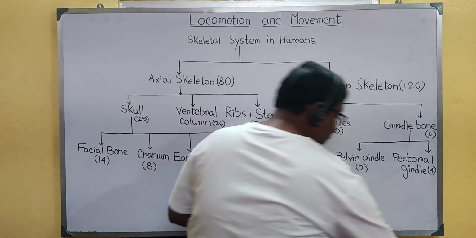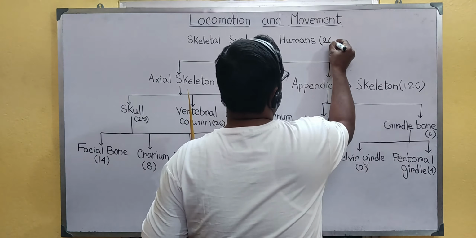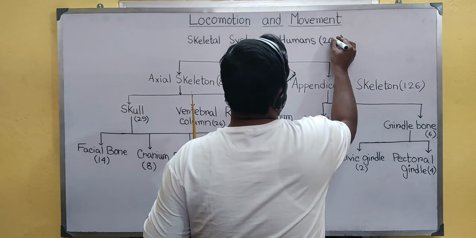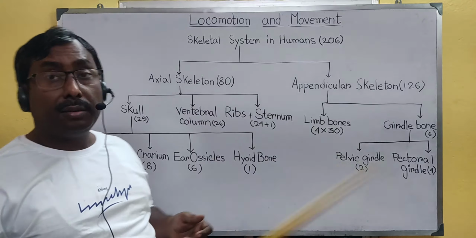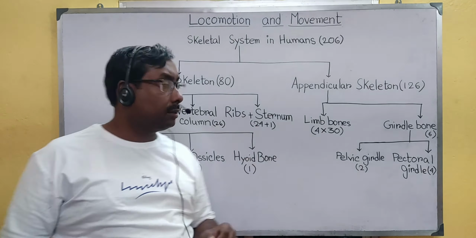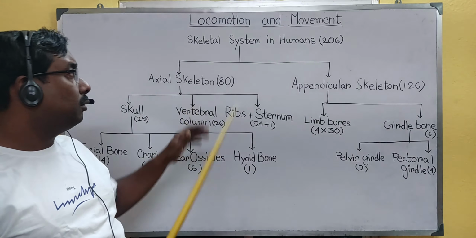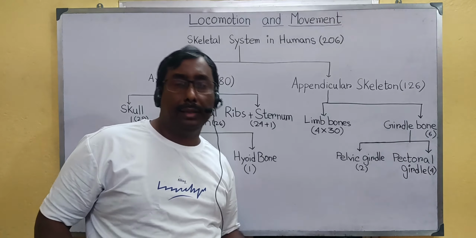Okay, let me write 206 over here. I forgot to write. So, yes, the skeleton system of humans contains 206 bones, which is broadly classified into two parts: the axial skeleton with 80 bones, and the appendicular skeleton with 126 bones.